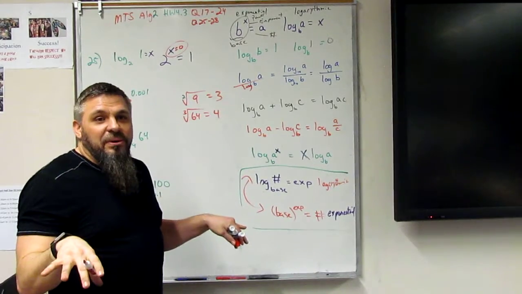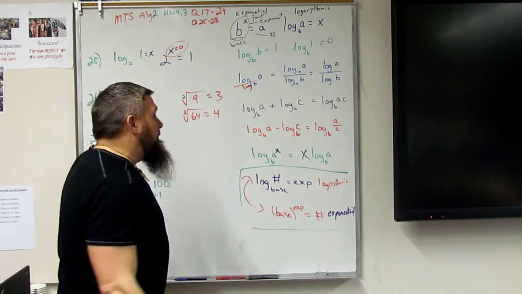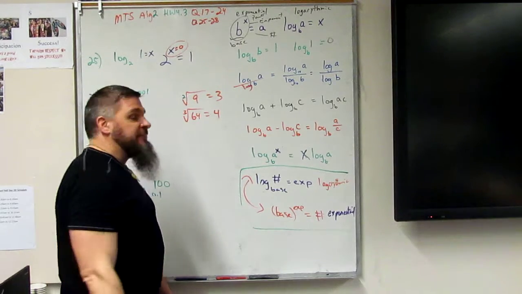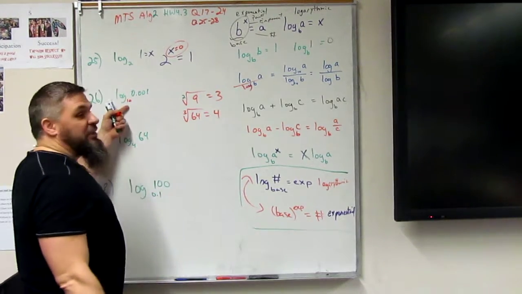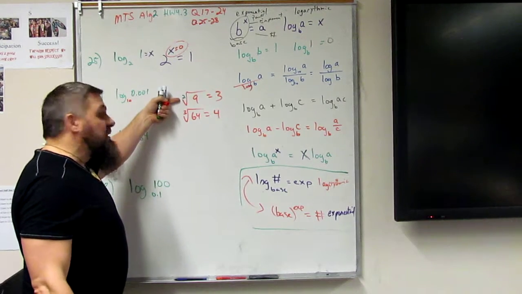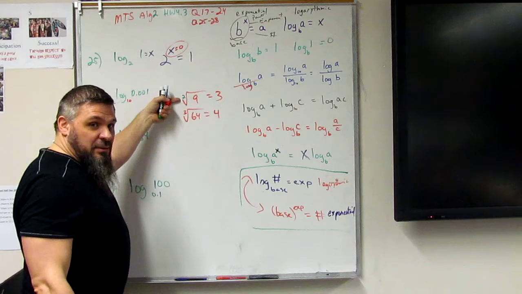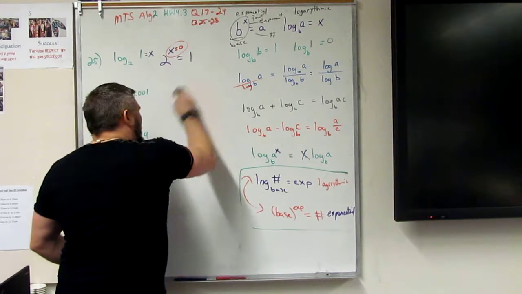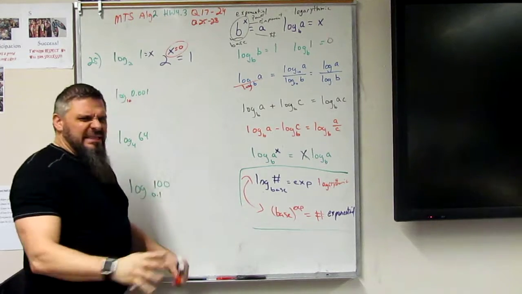Just keeps it simple. It's a nice little rule to memorize. But what we need to know is whenever there's not a number there, there's a 10, just like whenever there's not a number here, there's a 2. Does that make sense?